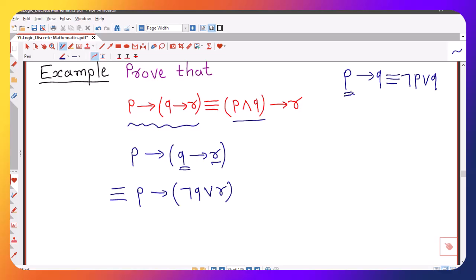Here first variable is P, so here I am writing negation P. Here first variable is Q, so I write negation Q or R.